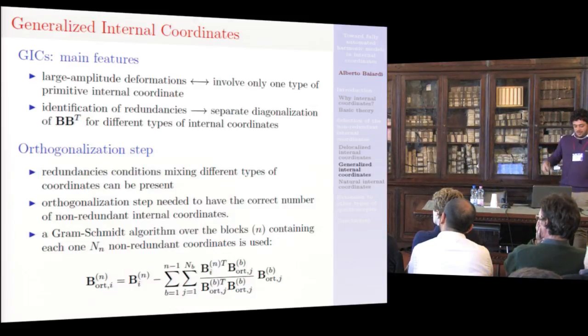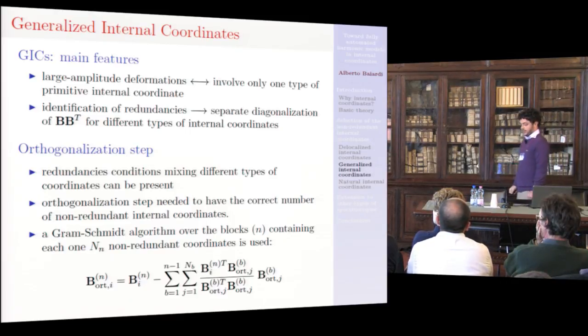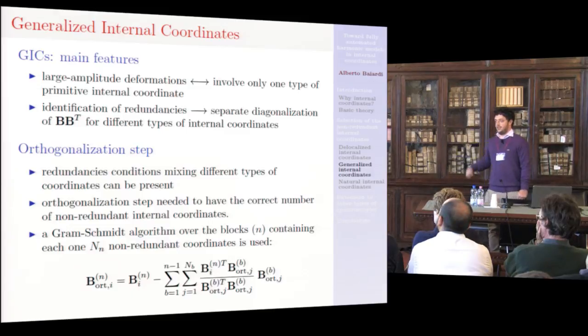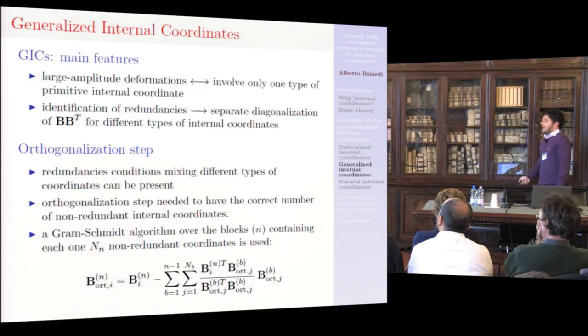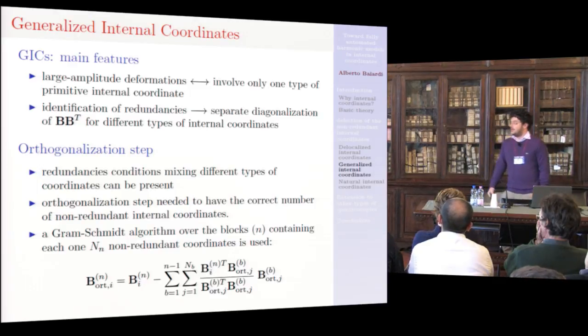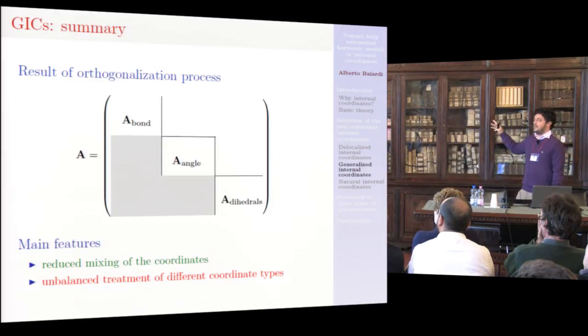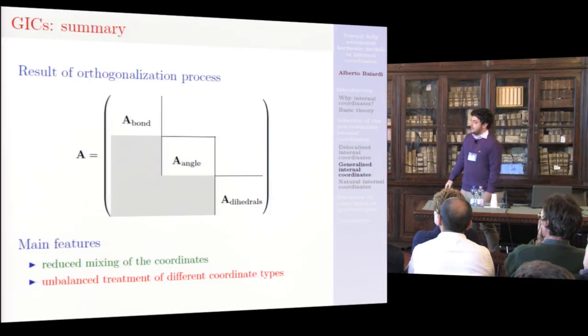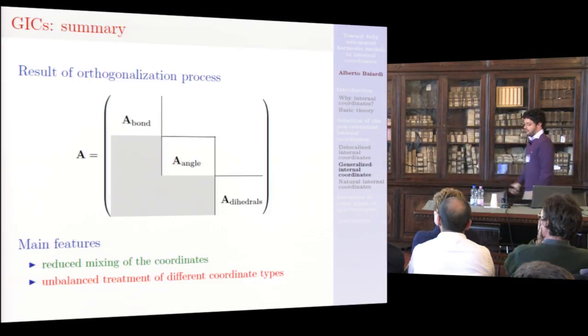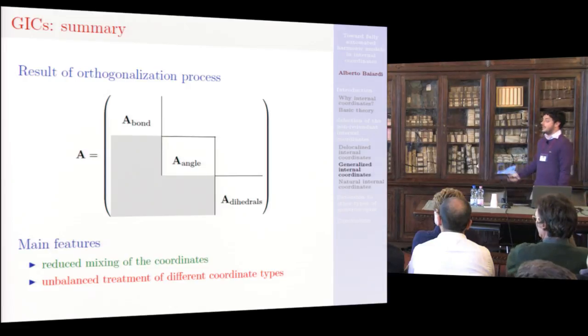So in order to have the correct number of internal coordinates at the end of the procedure, you have to do an orthogonalization step for each block. And so in our code, we have implemented a Gram-Schmidt orthogonalization. At the end, you see that the first block is uncoupled from the others, but you have some coupling in the second block and also in the third block. So the mixing is limited, but it's not fully cancelled.